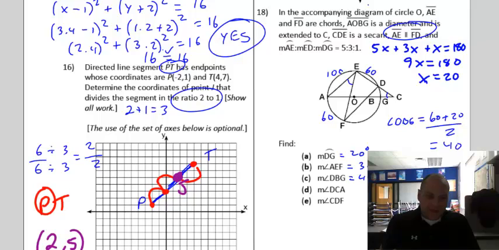So the angle DCA is going to be arc minus arc divided by 2. For C, it goes to A and it goes to E. So 100 minus this little one here, 20. 100 minus 20 over 2. That's 80 over 2 is 40. So that's also 40.